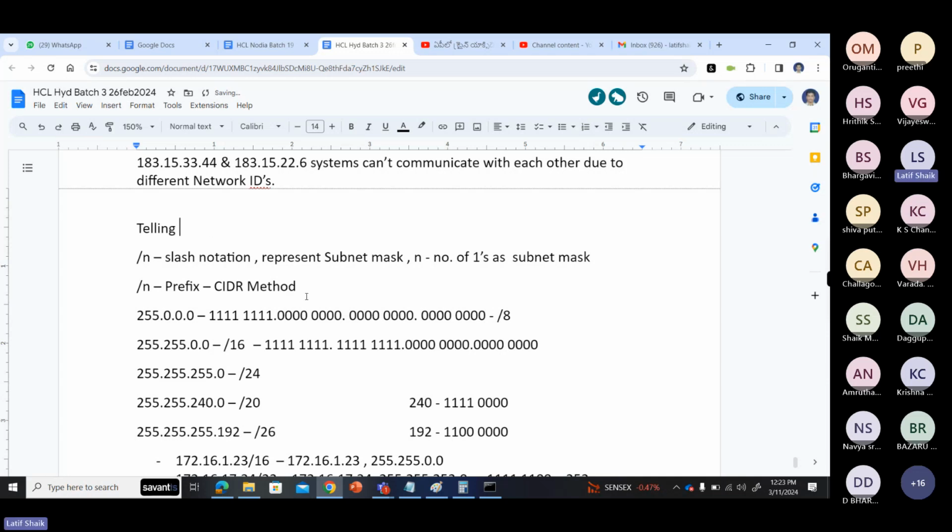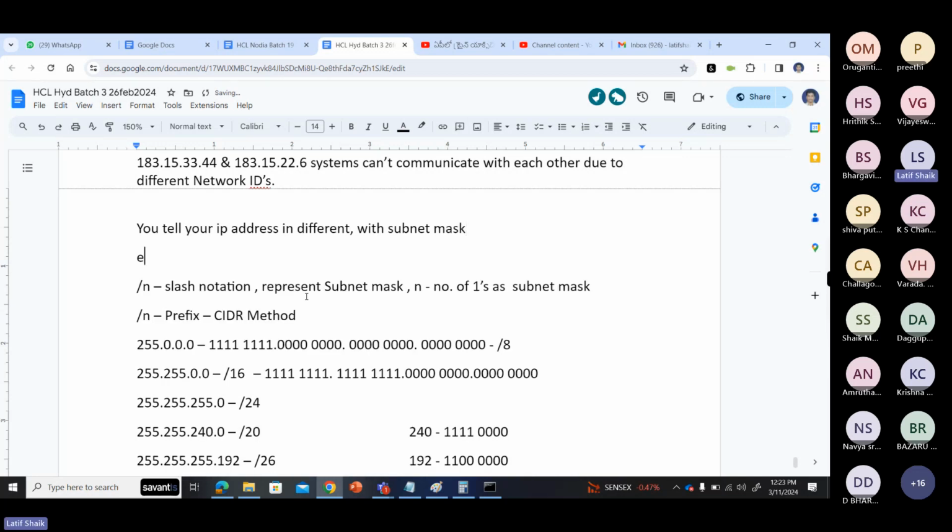You can tell an IP address in two ways, three ways, four ways. Different things are there, so understand that. You can tell your IP address or any IP address in different ways with the subnet mask.